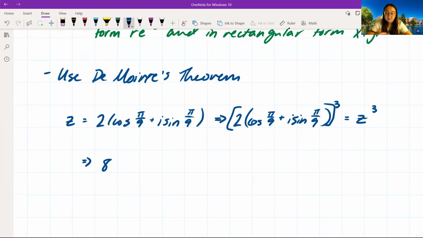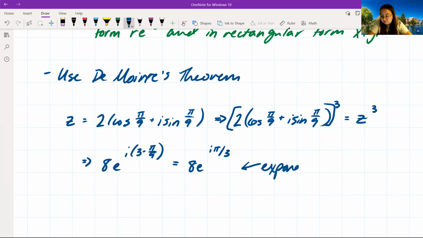So we have r to the power of 3 times e to the power of i times 3 times theta. So in this case, it'll be 3 times pi over 9, which ends up just giving us 8e to the power of i pi over 3. And this is in our exponential form.